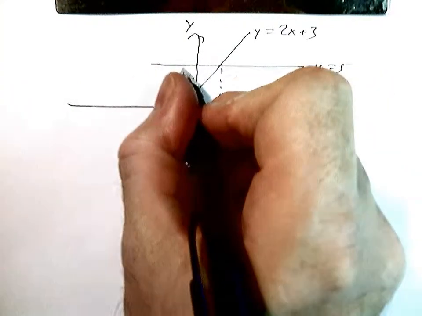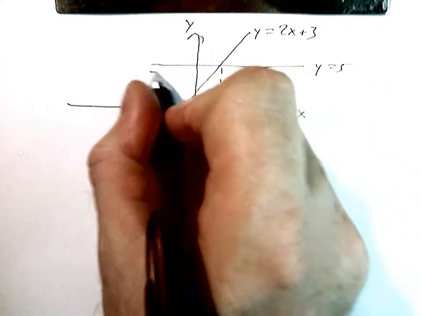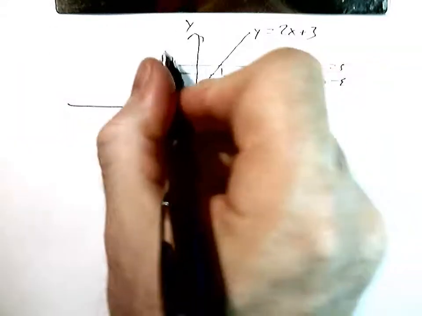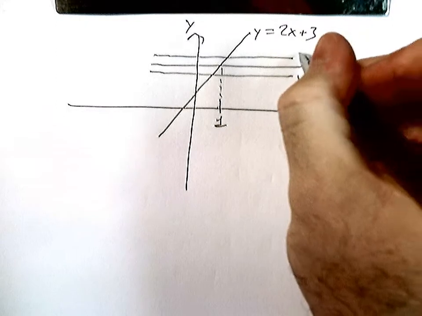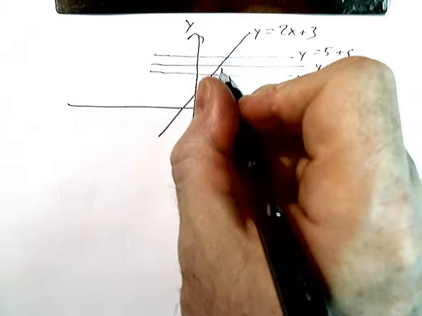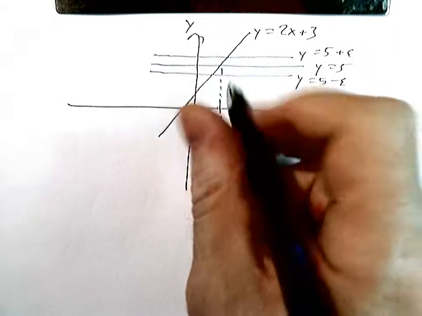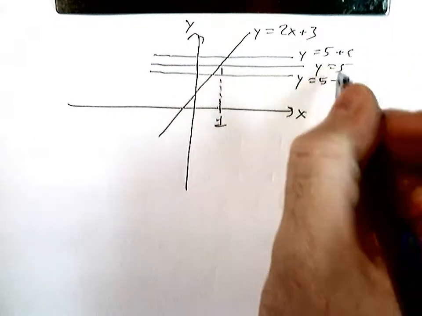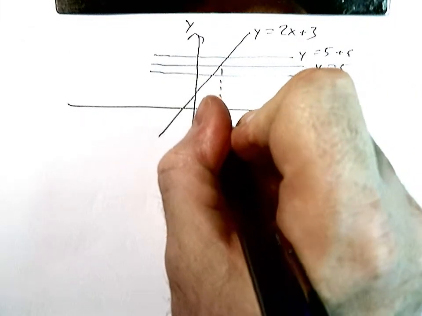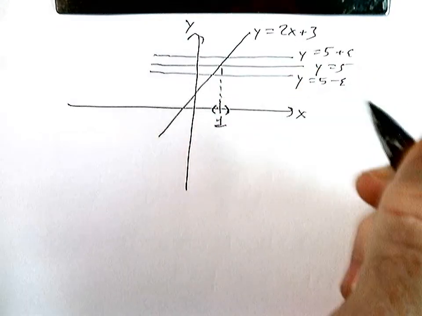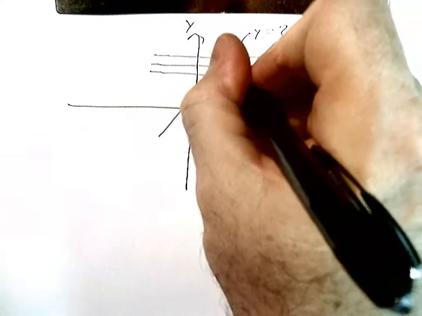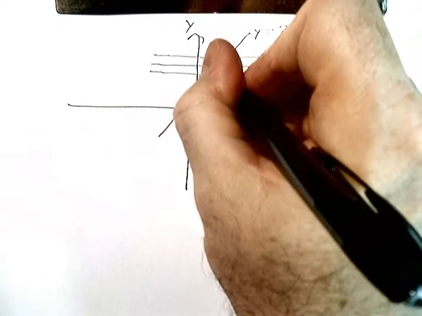What we're saying is that we can make within this band here, so I could have this as y is 5 minus epsilon, and up here have y is 5 plus epsilon, that if I require x close enough to 1 here, my f of x will be between 5 minus epsilon and 5 plus epsilon. So I want my little deltas down here, some interval there, so that when I go up here and I look on my graph, I have this little corresponding line segment.